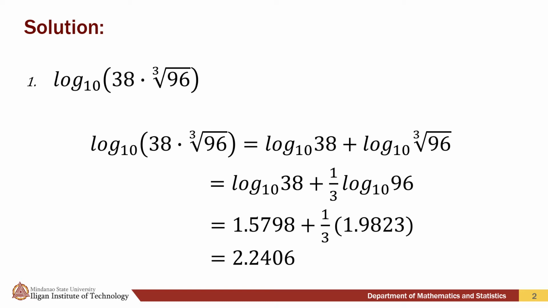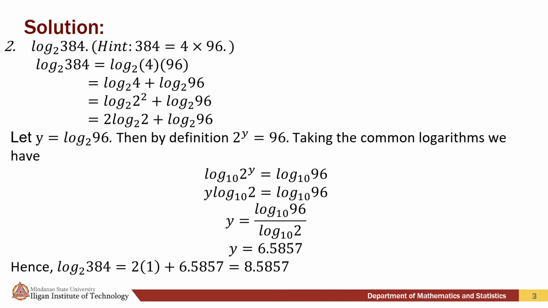Because we already have the value for the logarithm of 38 to the base 10, which is equal to 1.5798 given earlier, and we also know that the logarithm of 96 to the base 10 is 1.9823, then if we add 1.5798 plus 1/3 times 1.9823, we have 2.2406.